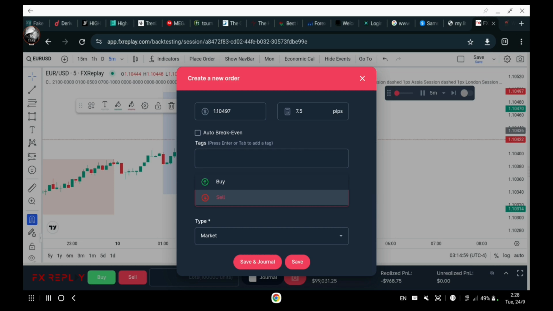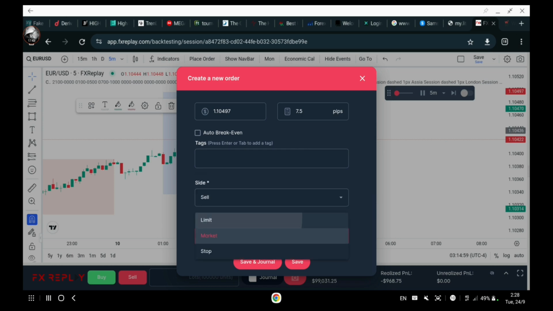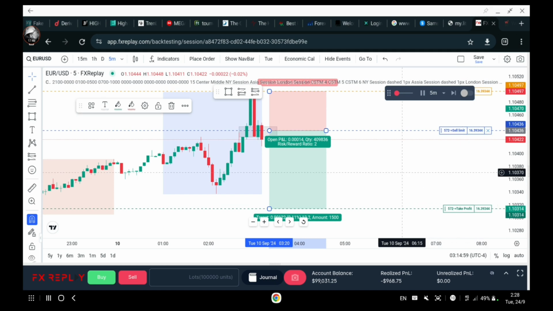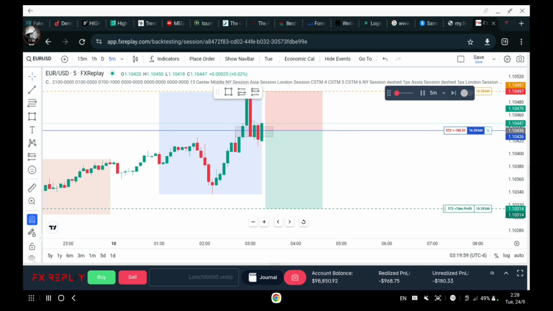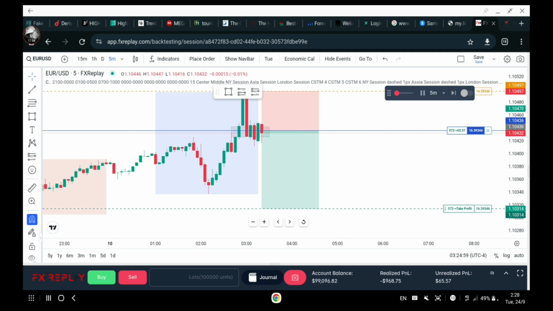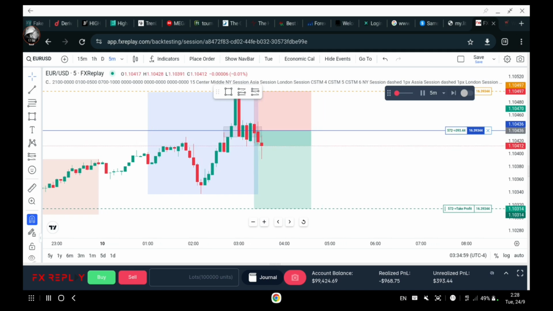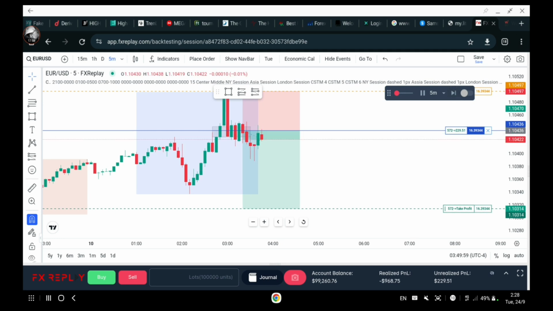Yes, a sell limit, and save. Just like that. Let's just see how it goes. Quickly, we are triggered. Let's see how it goes.